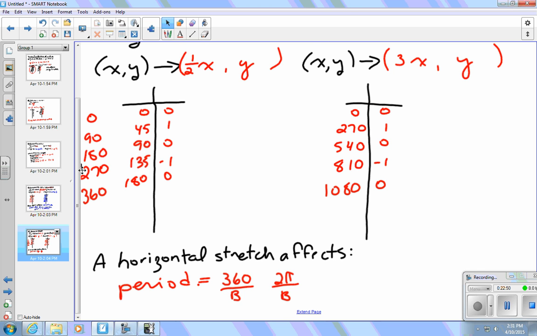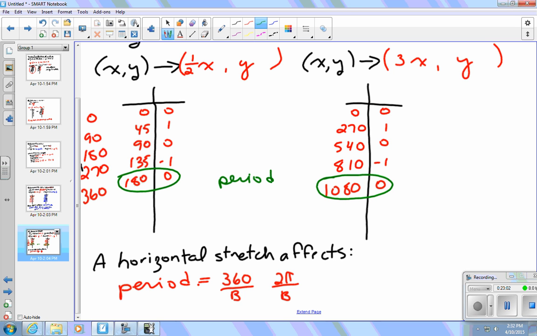Okay? And you can see the period by looking at this, because our tables of values are set up to give us one full cycle or one full period of the graph. So you can see by looking at this chart what the period is.